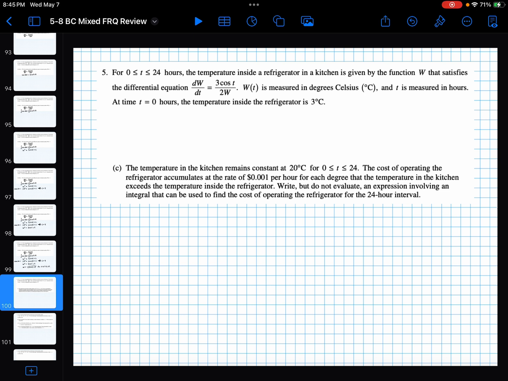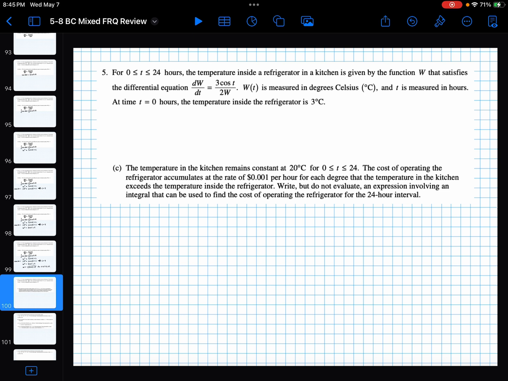Well, it's that rate for each degree that the temperature in the kitchen exceeds the temperature inside the refrigerator. Well, we know the temperature inside the refrigerator is W of T, and we know the kitchen temperature is 20 degrees.